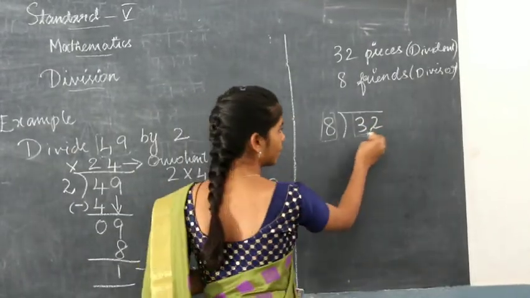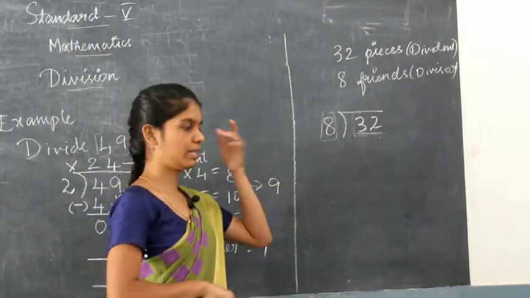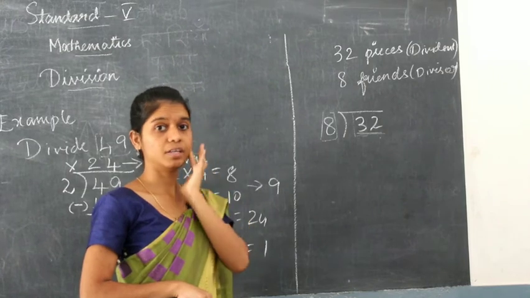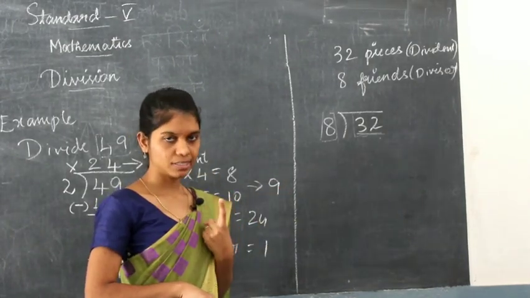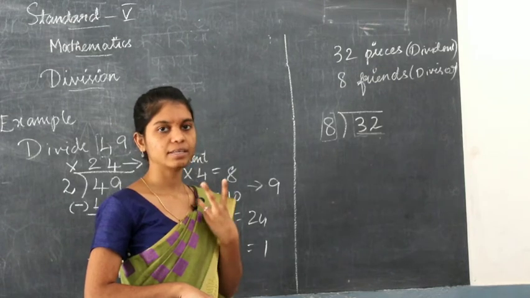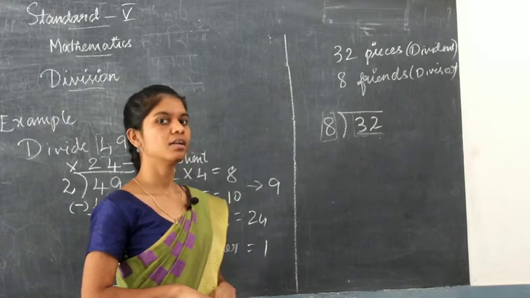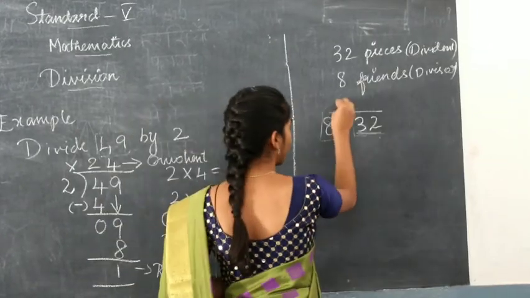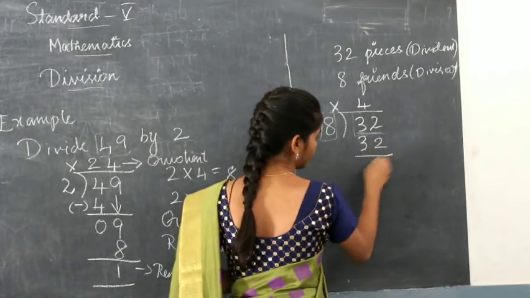Consider the first 2 numbers and start telling 8 tables, till you get 32 or more than 32. 8 ones are 8, 8 twos are 16, 8 threes are 24, 8 fours are 32. 8 multiplied with 4 gave you 32.